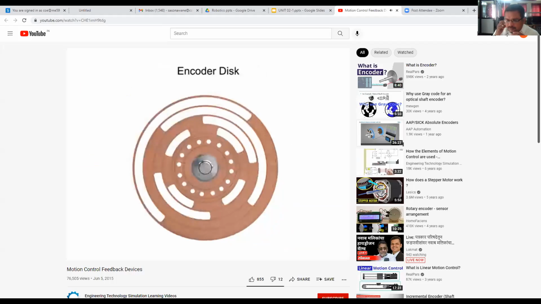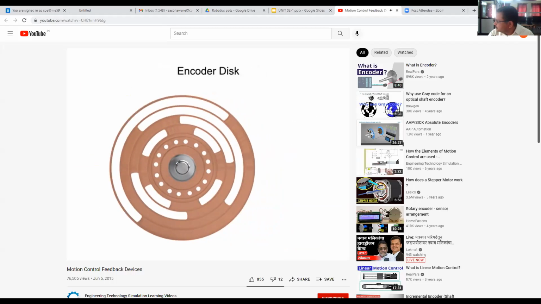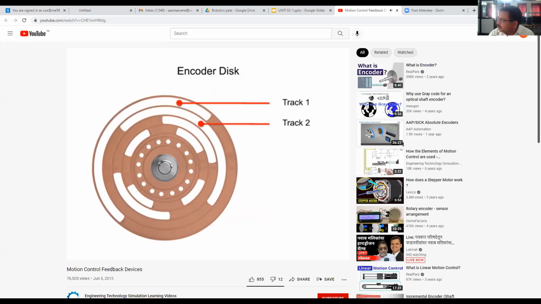The encoder disc consists of small, opaque, and transparent tracks mounted on a rotating shaft. Tracks are arranged concentrically around the center of the shaft. Photodetectors assigned to each track designate the resolution of the encoder. The higher the number of concentric tracks, the higher the accuracy.